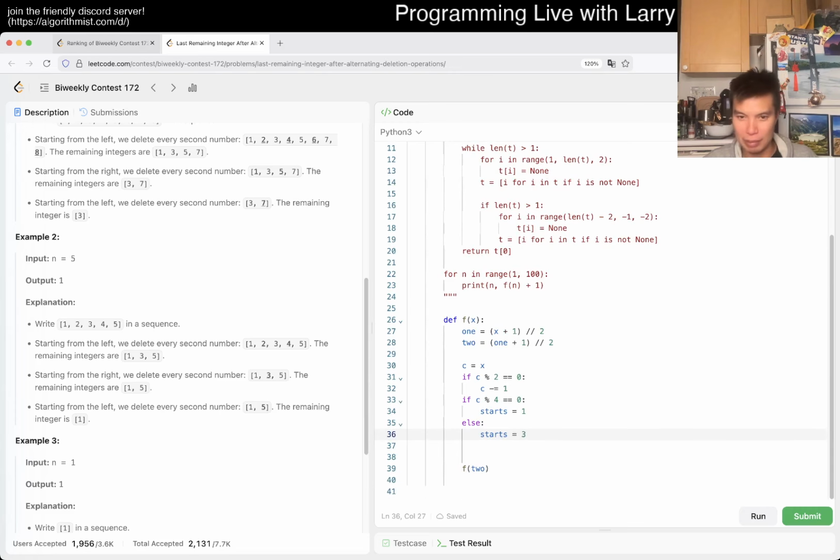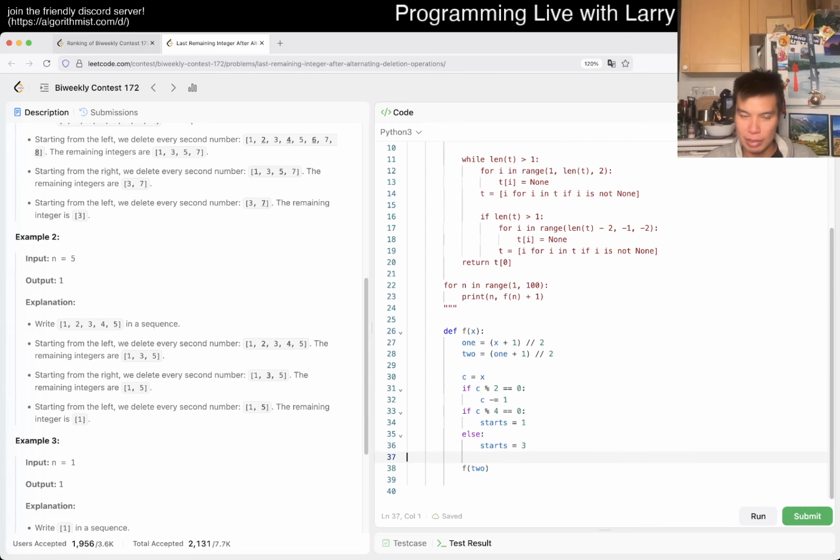I don't know how I feel about that, but okay. So then now we get the answer for here, and then it is just return starts plus or times 4.